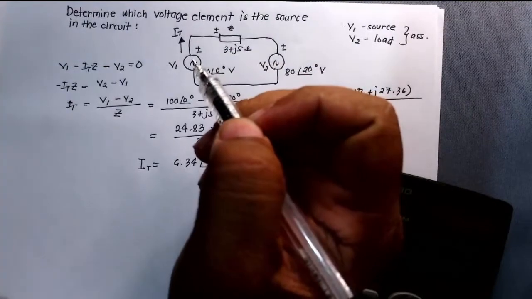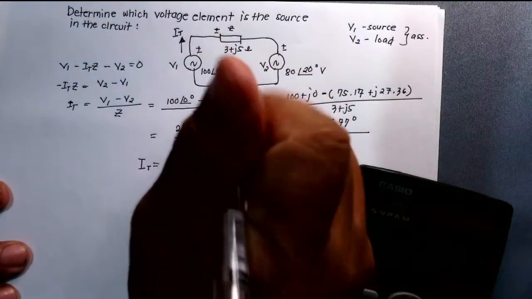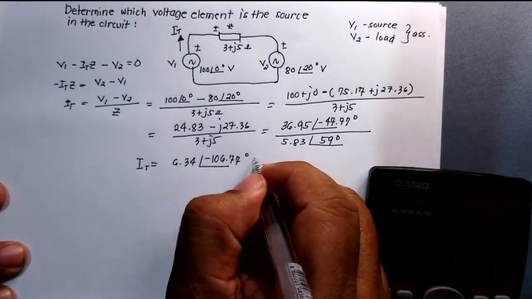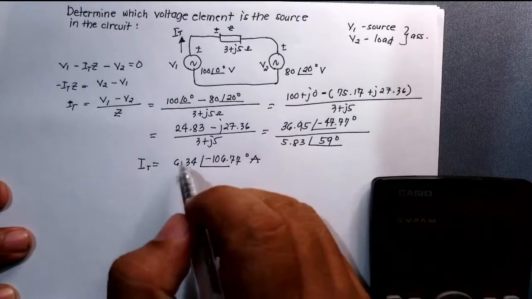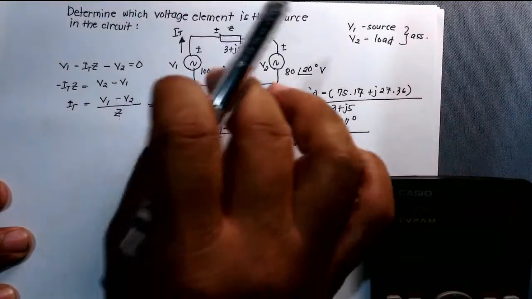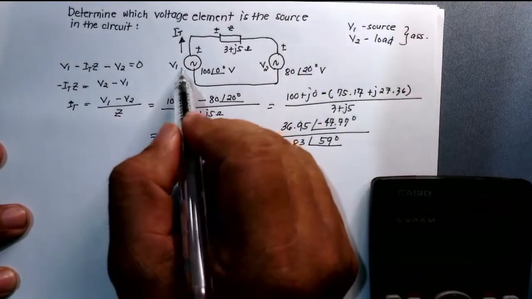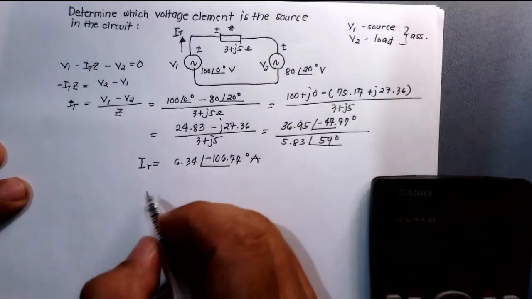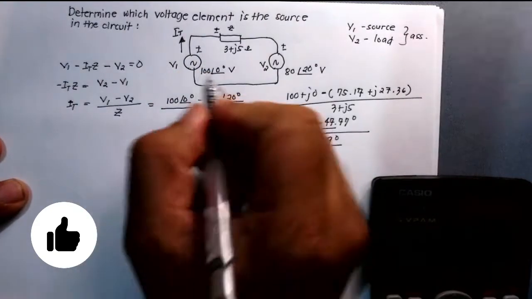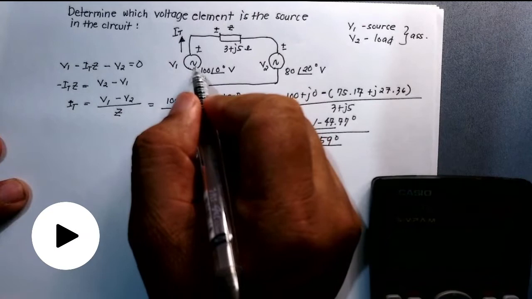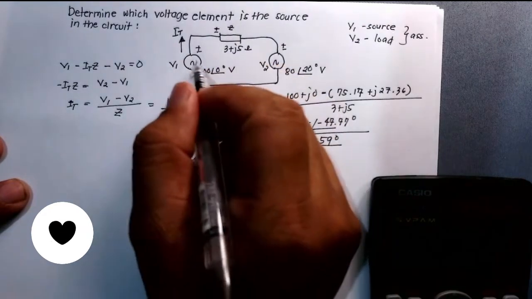Now, knowing that the current is already solved, we can now proceed to the determination of whether B sub 1 is a source or a load. Okay, so what I will do is get my real power here.